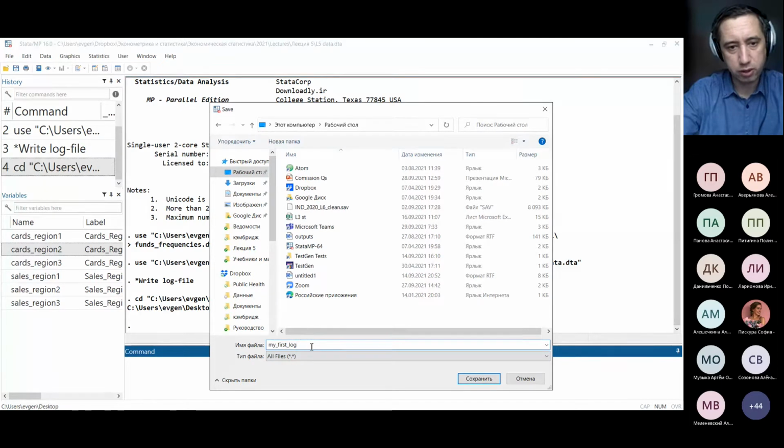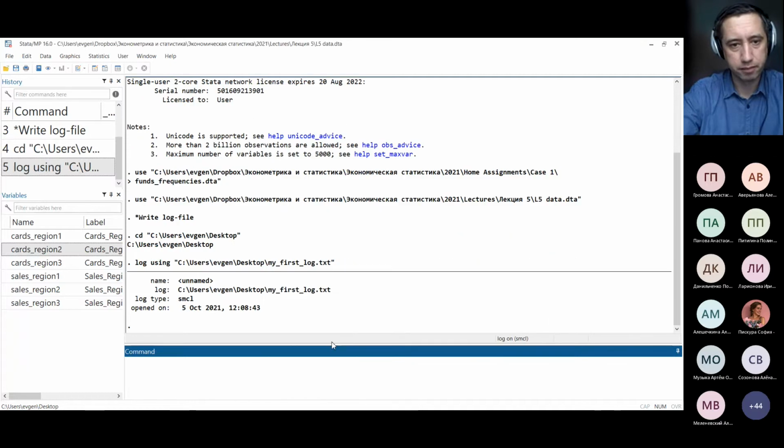My recommendation for you is to set txt. And click Save. If you have such an output, it means that you opened a log file.